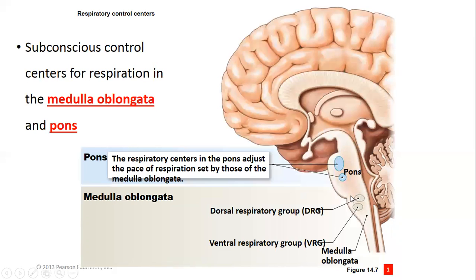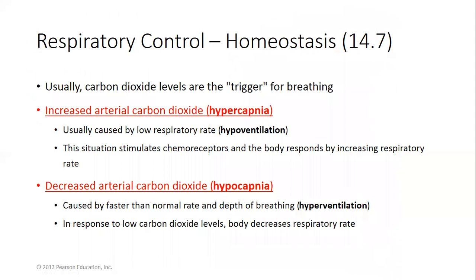And if carbon dioxide changes in the blood, usually carbon dioxide is the trigger for changes in breathing, because carbon dioxide is produced from your tissues. Usually your body's really good at maintaining a normal level of oxygen, so oxygen concentrations aren't really a trigger for this. But when arterial carbon dioxide increases, that's called hypercapnia.